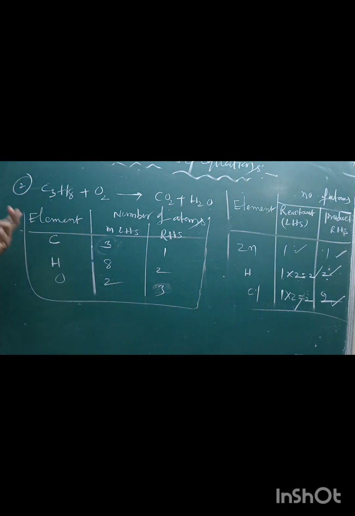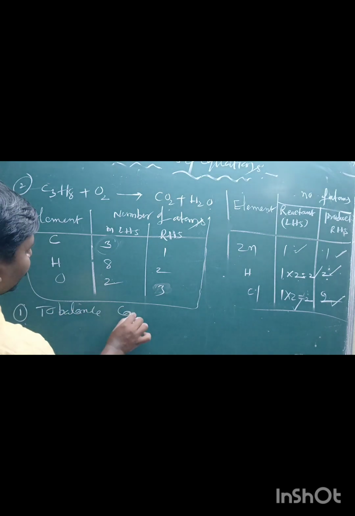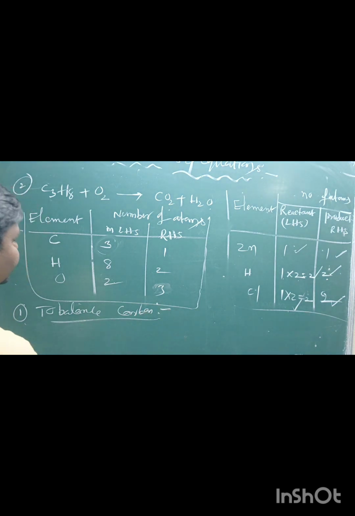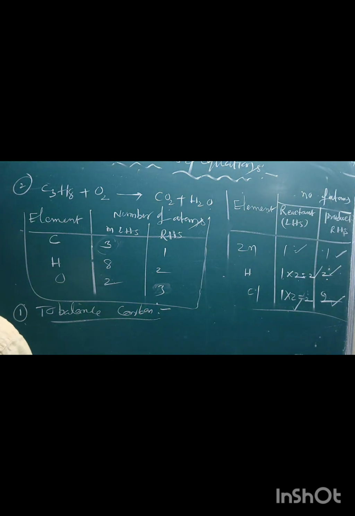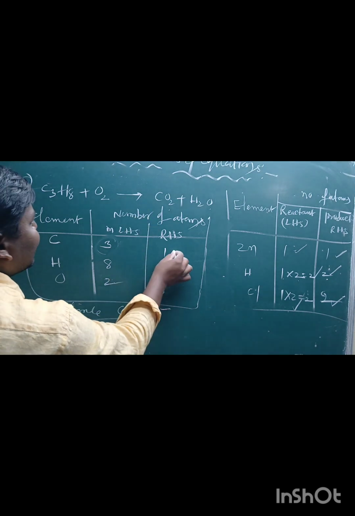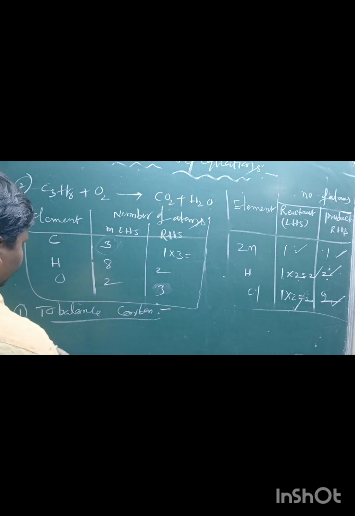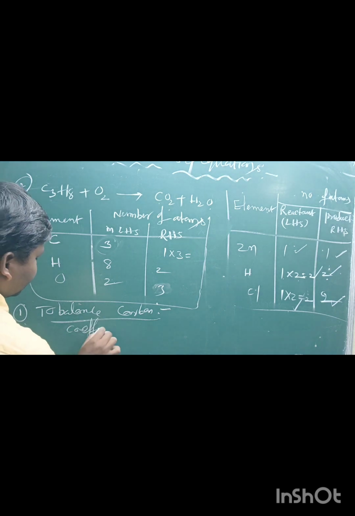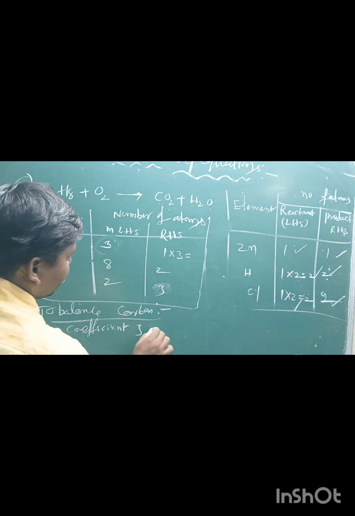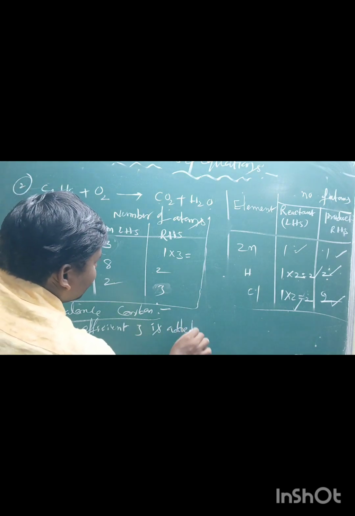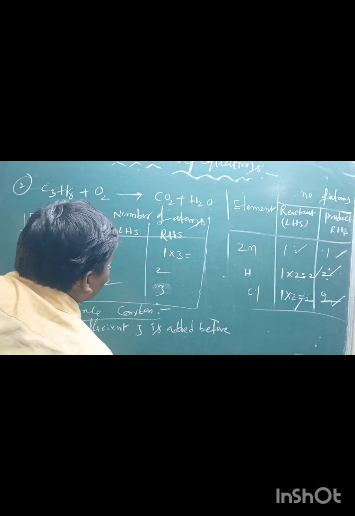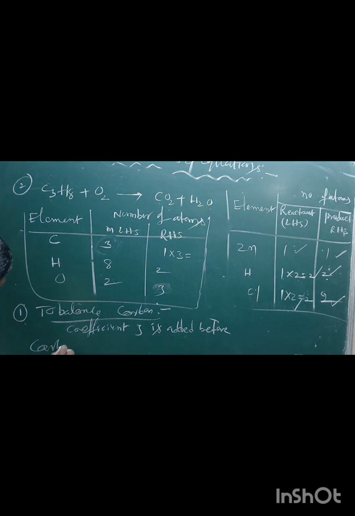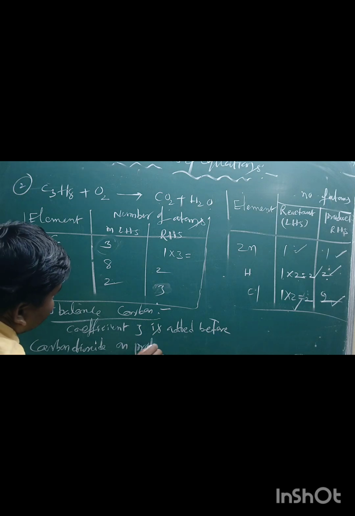How to balance this equation? Step 1: we should balance the carbon atom first. To balance the carbon atom, coefficient 3 is added before carbon dioxide on the product side.